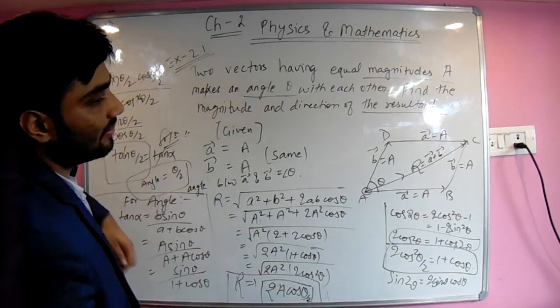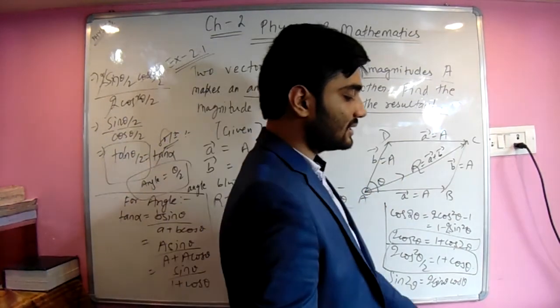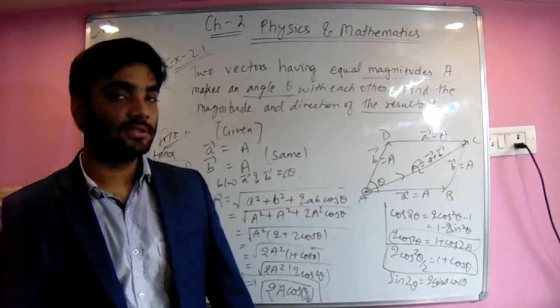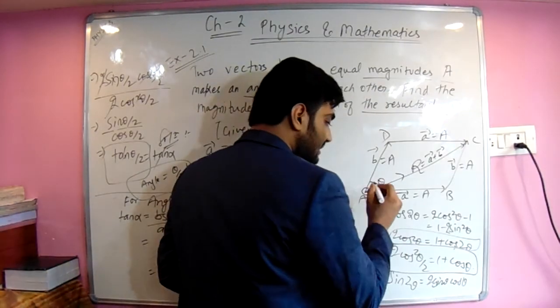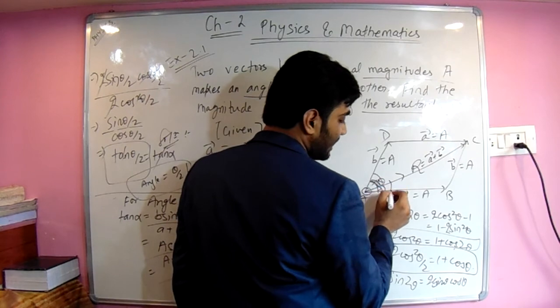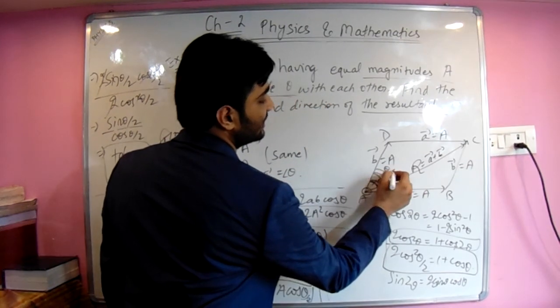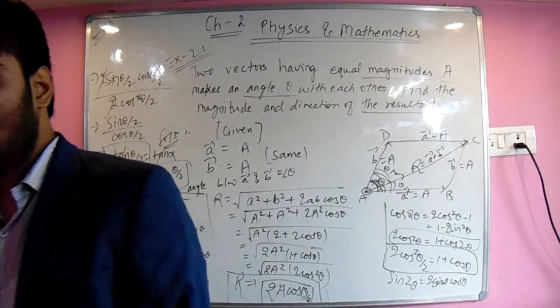It means the resultant of these two vectors bisects the angle between them. These are not perpendicular; they bisect each other. These are equal angles: this is theta by 2 and this is theta by 2. Write it. This is completed.